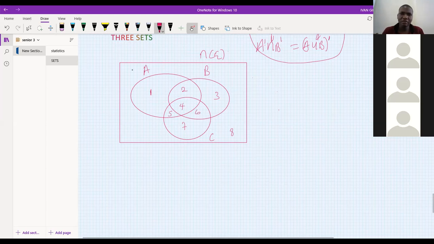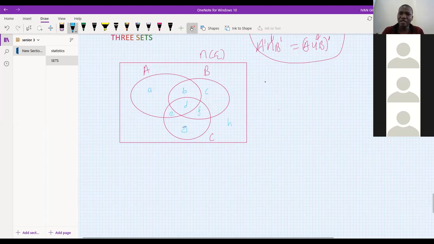But numbers we may end up adding them again, so let's use letters. So this is A, this is B, this is C, this is D, this is E, F, G, and H. We have those regions.